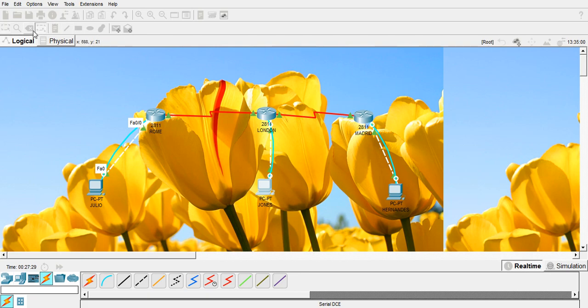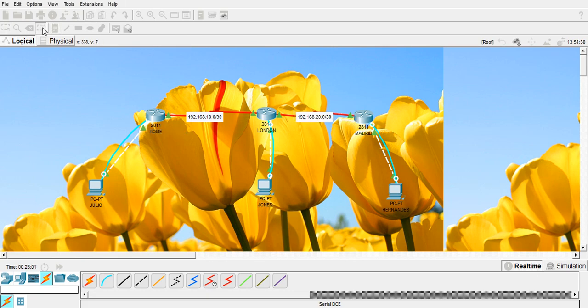Okay. In fact, let me put this so that we've seen what we are doing. Okay. So here I had 192.168.10.0 network /30. Okay. Here I had 192.168.20.0 network /30. Okay.